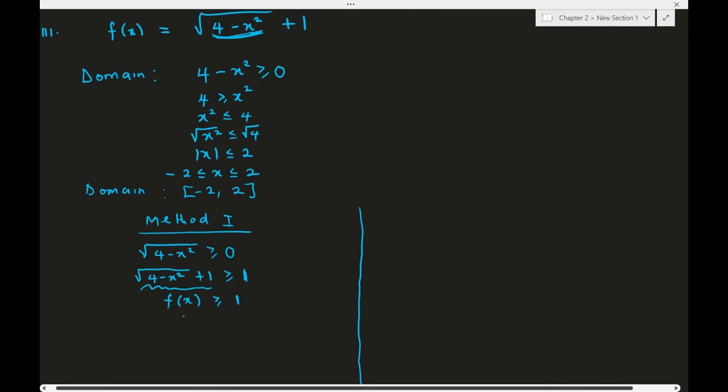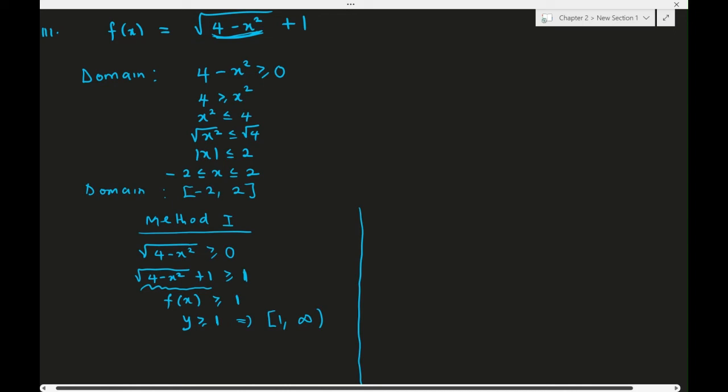And the meaning of that is that y is greater than or equal to 1, which implies that we have 1 to infinity. Yes? Okay.